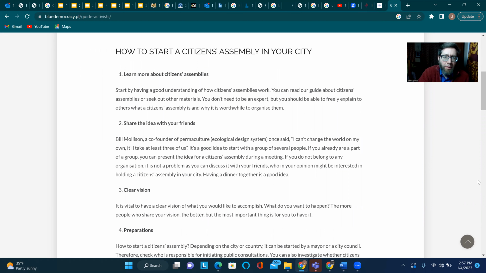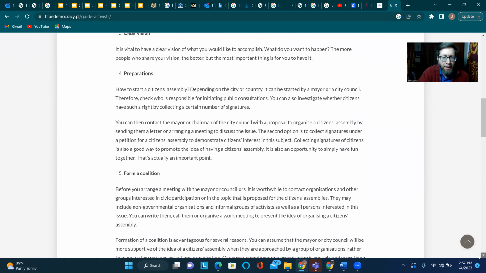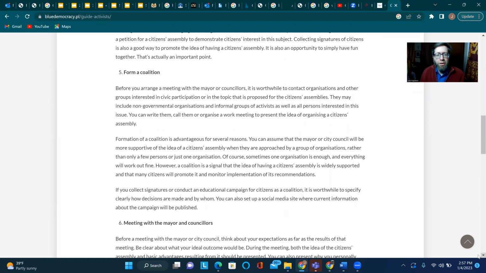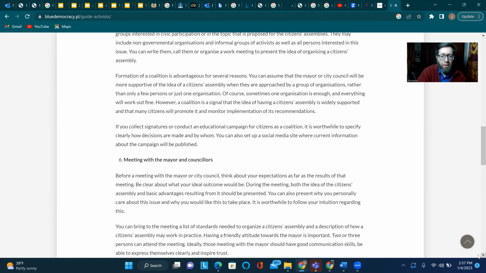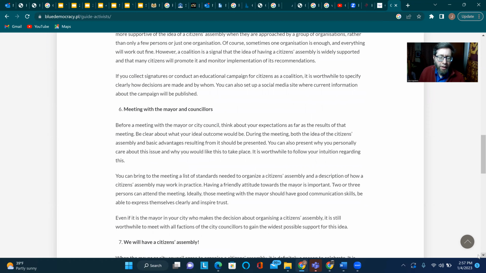So share the idea with your friends. And you really got to bring people together on this, having a clear vision, and you form a coalition. And really you form the coalition to show the people that you're going to meet with next, the mayor and the councilors, that you have a lot of support and you need to try this.